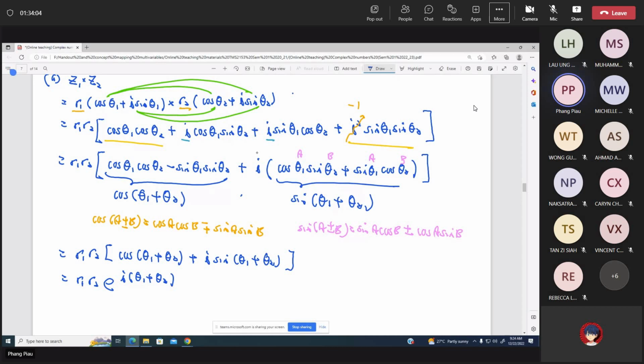Provided, of course, your Z1 and Z2, you have to convert into either polar form or exponential form. So that's the meaning. That's why I say a conversion from the standard complex number to polar form and also exponential form is actually helping to do multiplication and also division.